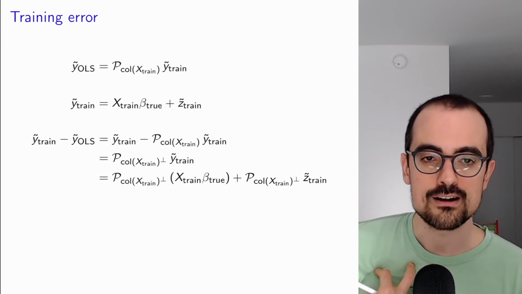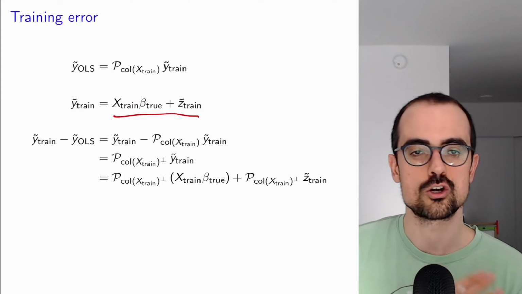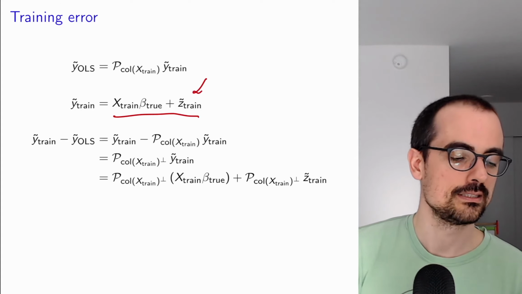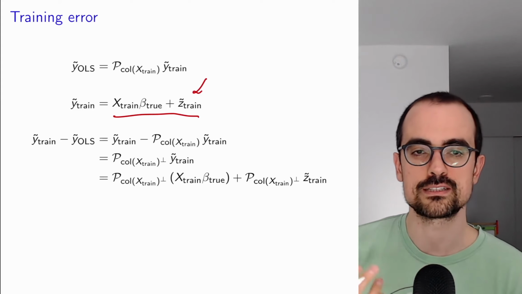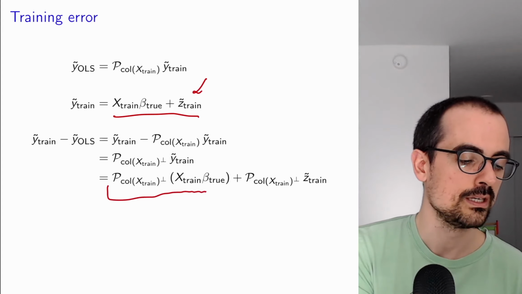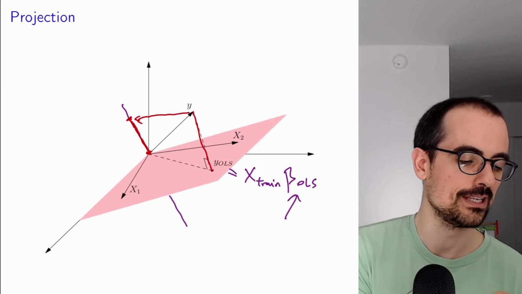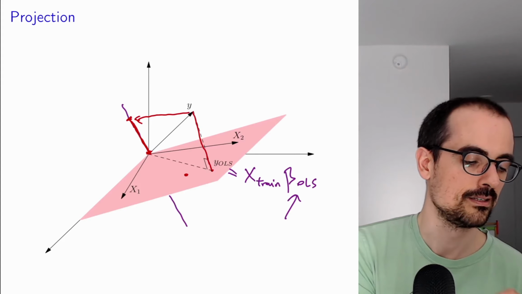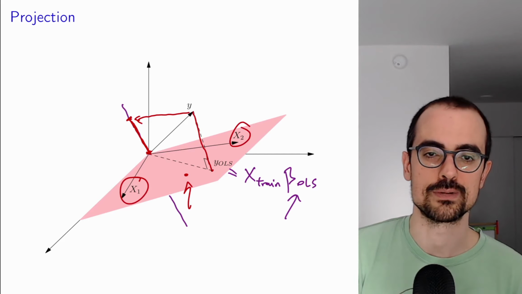Now, under our assumptions, the response is equal to this linear combination of the features plus this additive noise. A projection of the sum of two vectors is just equal to the sum of the projections. What is this projection equal to? Well, the linear component lives completely within this plane. It's somewhere here, because we're assuming that it's actually a linear combination of the features.